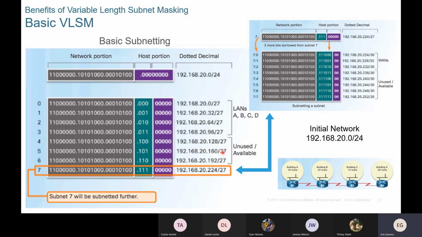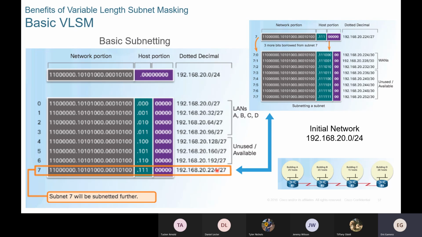This big network to put it here, between router 2 and router 3. And this big network to put it here, between router 3 and router 4. So we were wasting a lot of IP addresses. And the only available network that is left, if I do that, is the last subnet.